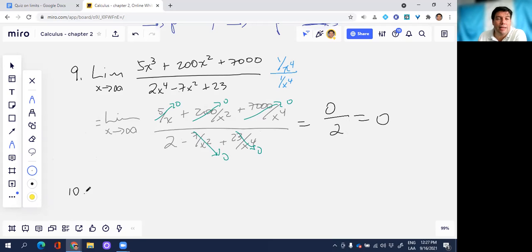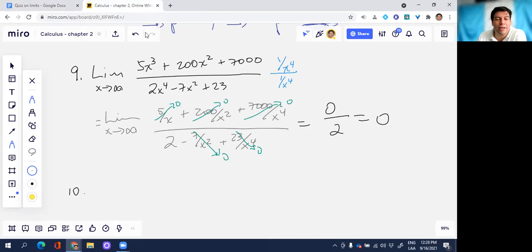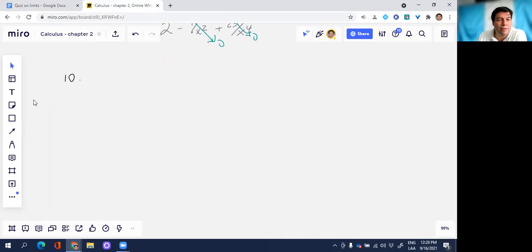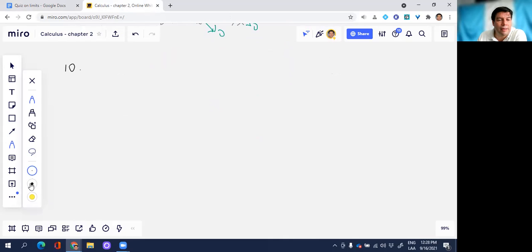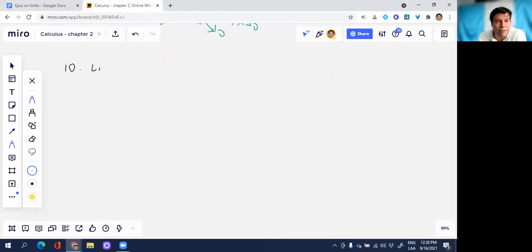Number 10: the limit as x goes to 3 of the square root of x plus 1, minus 2, over x minus 3.